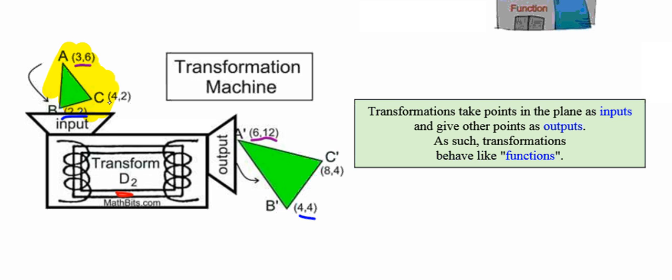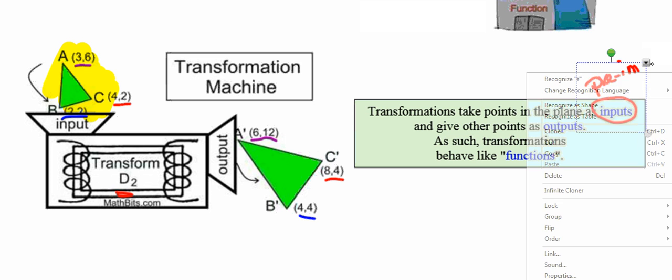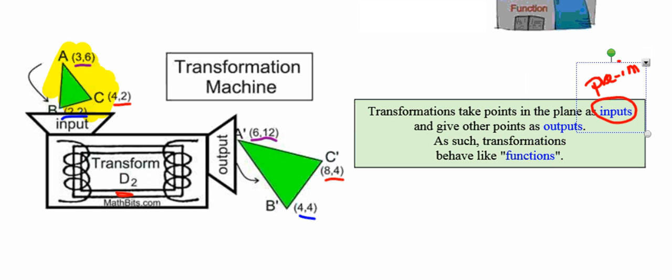And lastly, an input of C with coordinates 4, 2, after a dilation with scale factor 2, will have an output of C prime at 8, 4. So again, we're taking the pre-image and considering the pre-image to be the input, and what comes out at the end, the image, is our output.